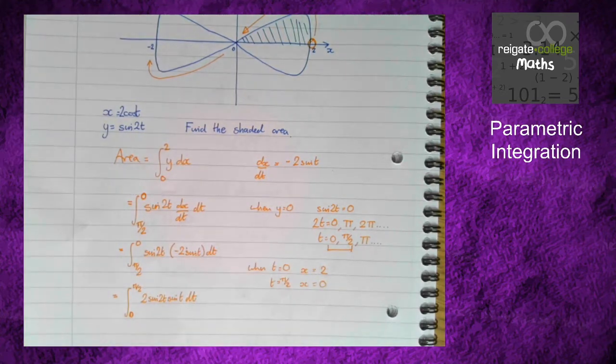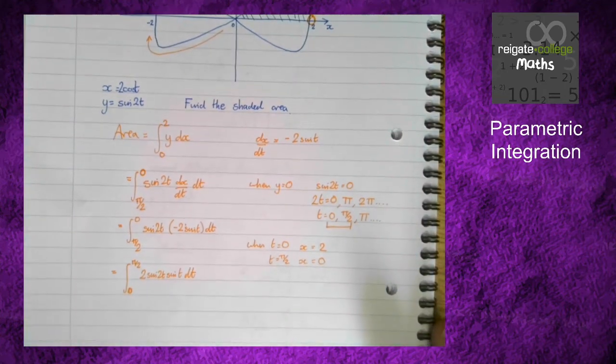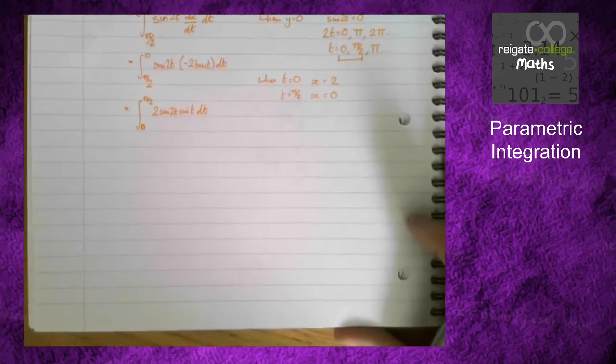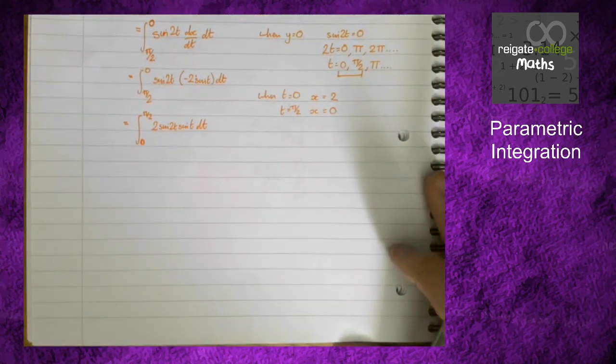The next thing that we need to worry about is how to integrate this thing. Because these two functions, although they're both sine, aren't really linked to each other in a way that we can integrate. How you have to integrate this function is we need to think about our double angles so that we can get it in a reverse chain rule type of form.